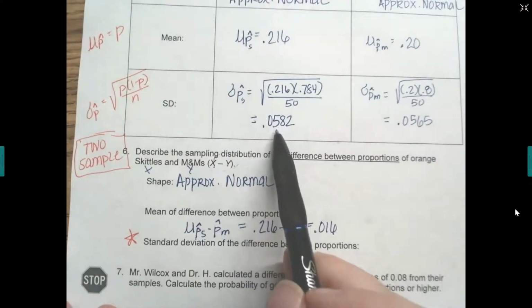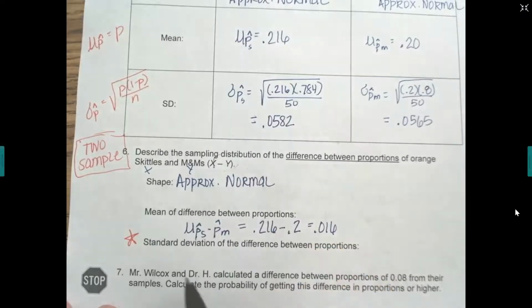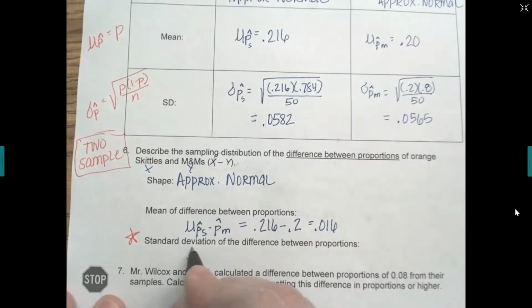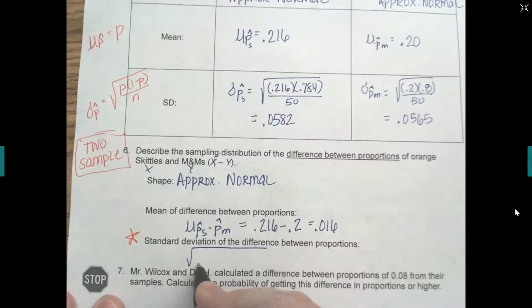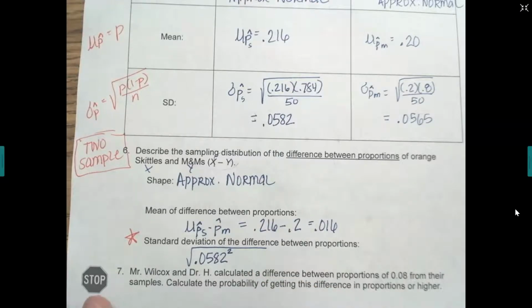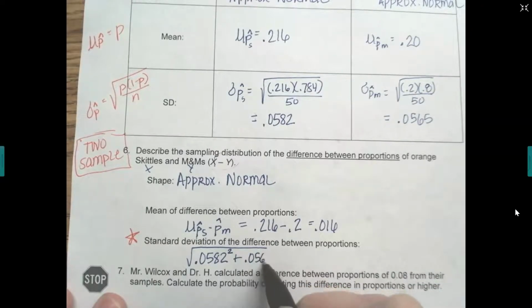So to get back to the variance, you've got to square that number. So 0.0582 is the standard deviation, squared is the variance. Okay? And then plus 0.0565 squared. So I got a standard deviation of 0.0811.